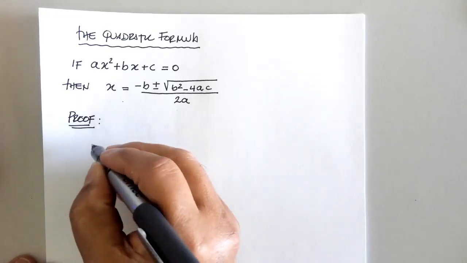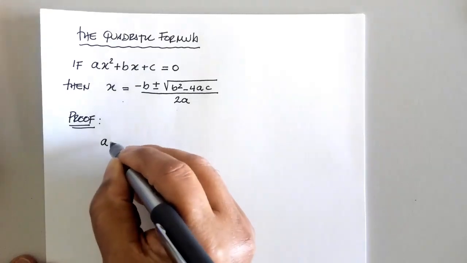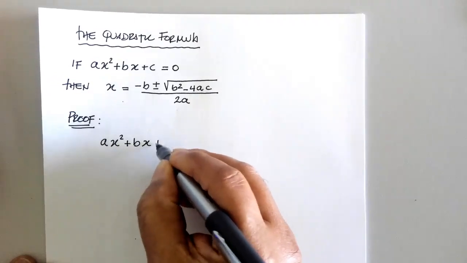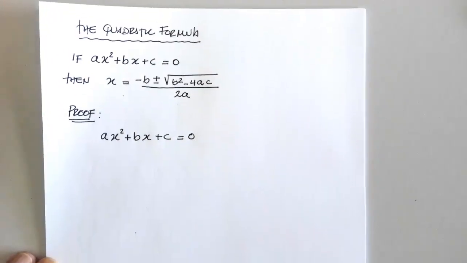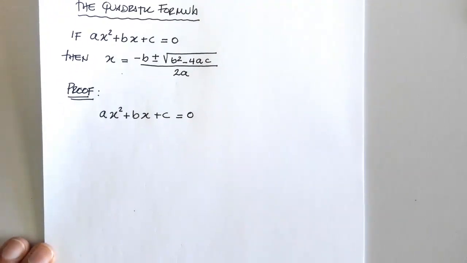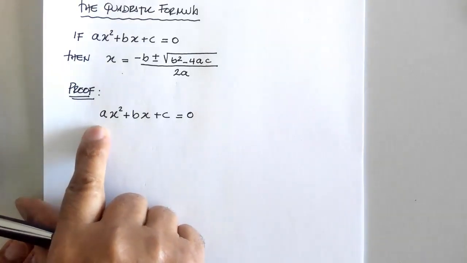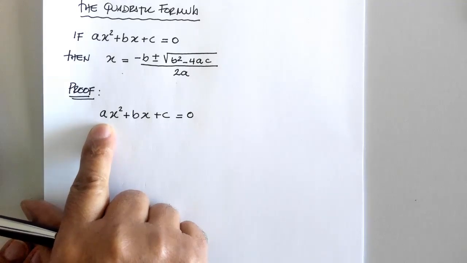So prove. We're going to start by writing the equation: ax squared plus bx plus c equals 0. Then we are going to change that to a monic. At this moment we have a non-monic; we are assuming that a is not equal to 1.